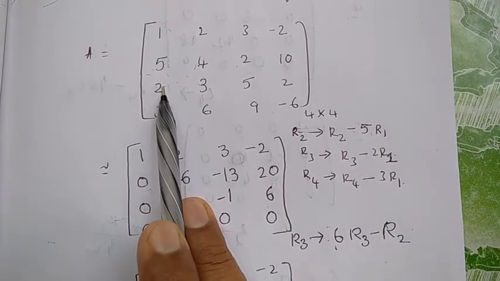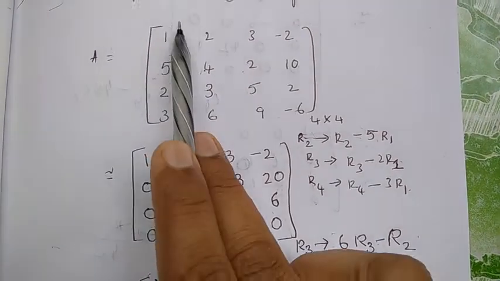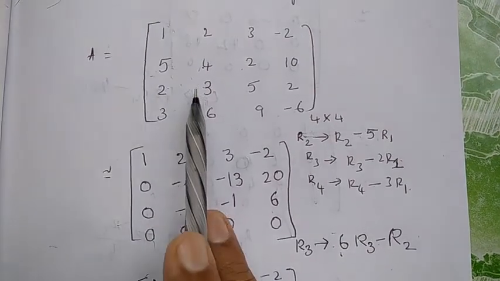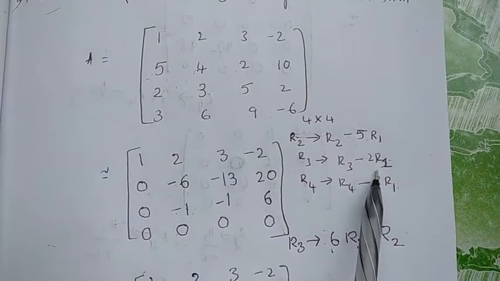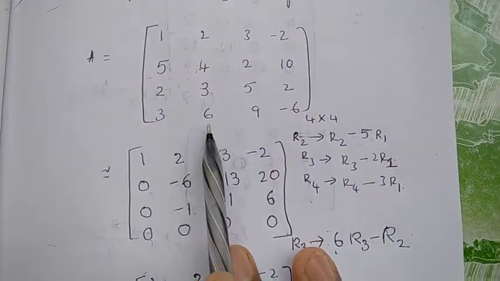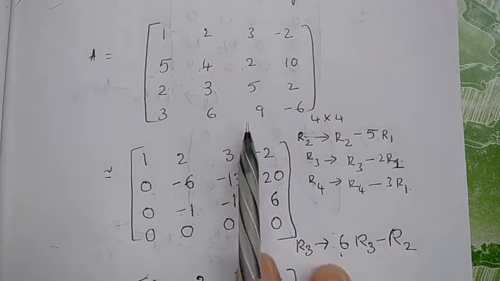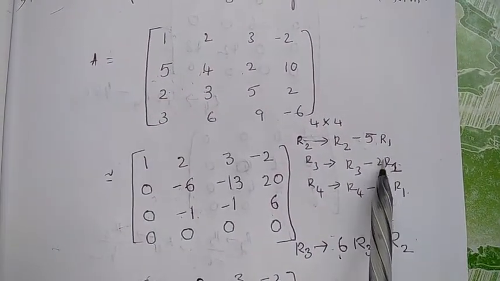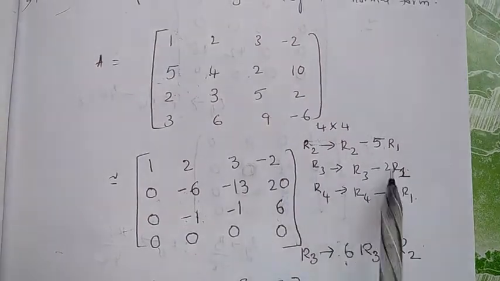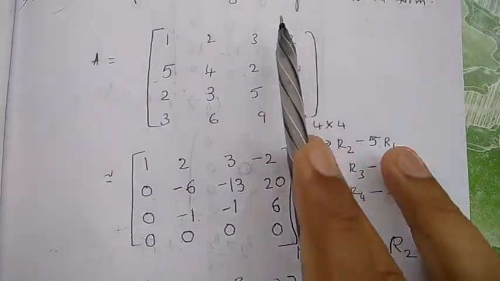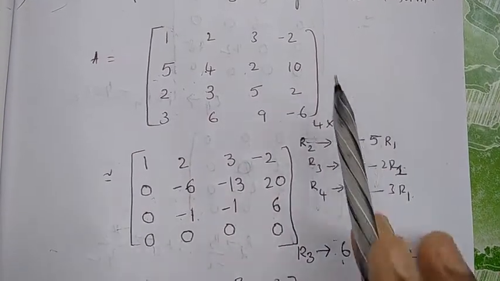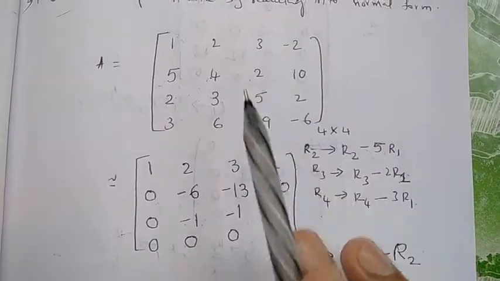Now next, R3 changes by the operation R3 minus 2R1. Here 2 minus 2 into 1 is 0. Now 3 minus 2 into 2 is 4, 3 minus 4 is minus 1. Next 5 minus 2 into 3 is minus 6, 5 minus 6 is minus 1. Next 2 minus 2 into minus 2 is plus 4, 2 plus 4 is 6.